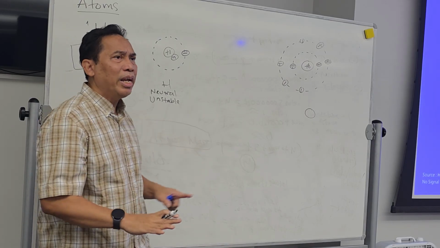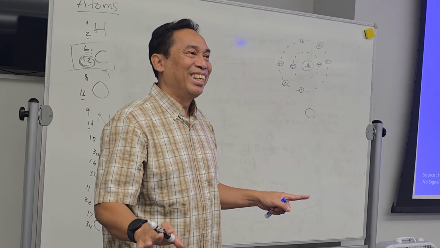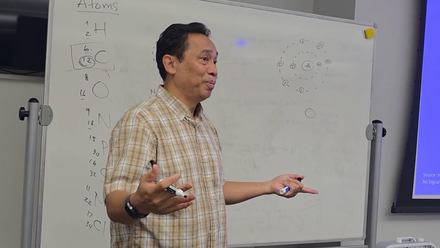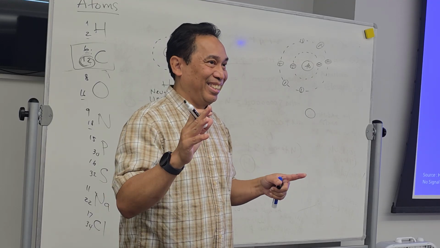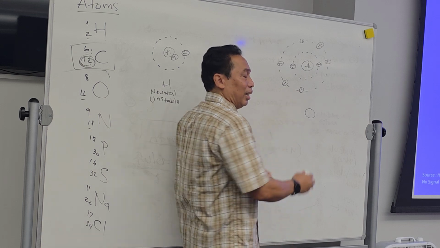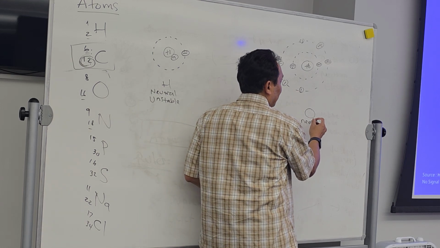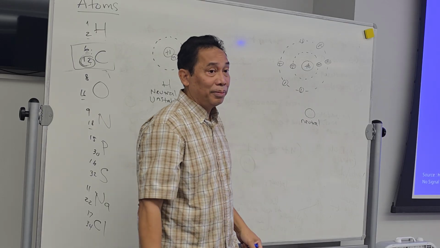Unstable means you will never find hydrogen by itself. You will never find it on this earth, because it's unstable. They will combine with others. Okay? Now look at this one, oxygen. Of course, this is neutral, right? Because 0 charge. Is it stable or not?